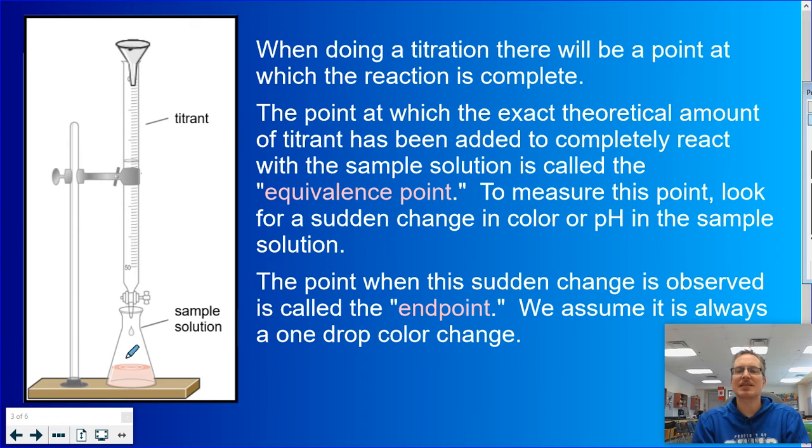We refer to that as an endpoint. Because our burette cannot release half a drop or a quarter of a drop or any fraction other than a drop, we will assume when using a titration setup that it is a one drop color change.